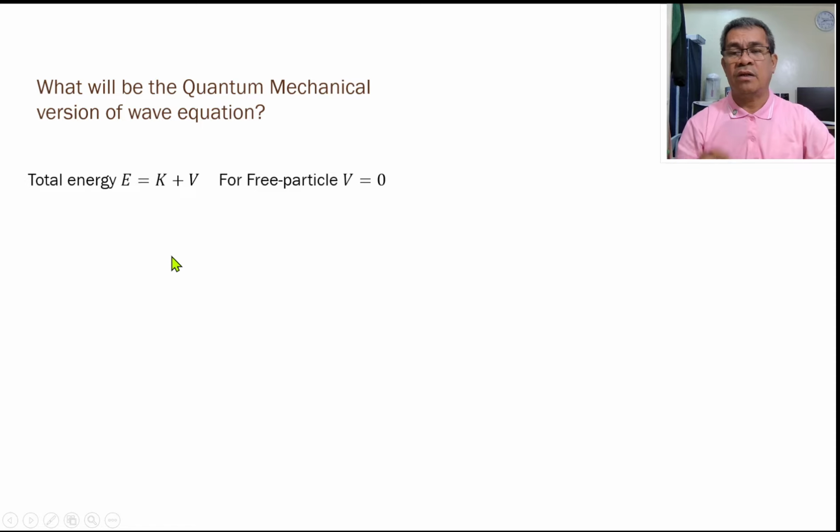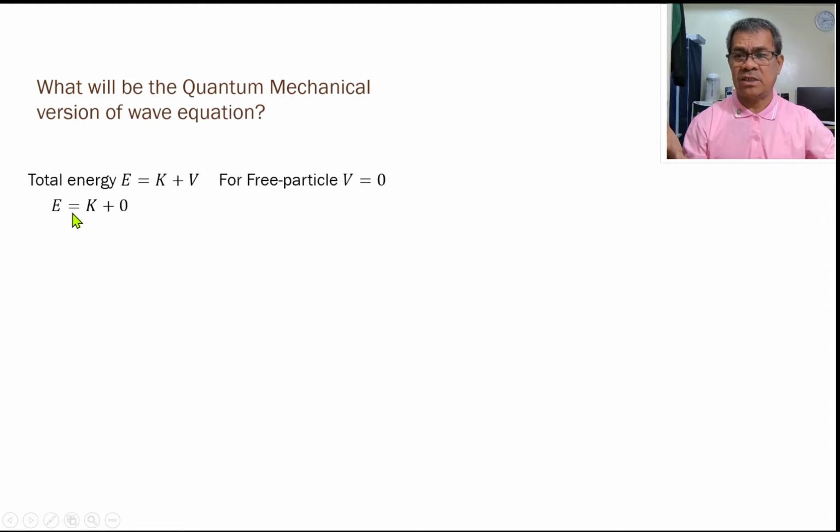Now, if we think of a system that doesn't have an external force that interferes with the particles, then we say that the potential energy is zero. In that case, we call it a free particle. So, therefore, the total energy is just equal to the kinetic energy, because the potential energy is zero.